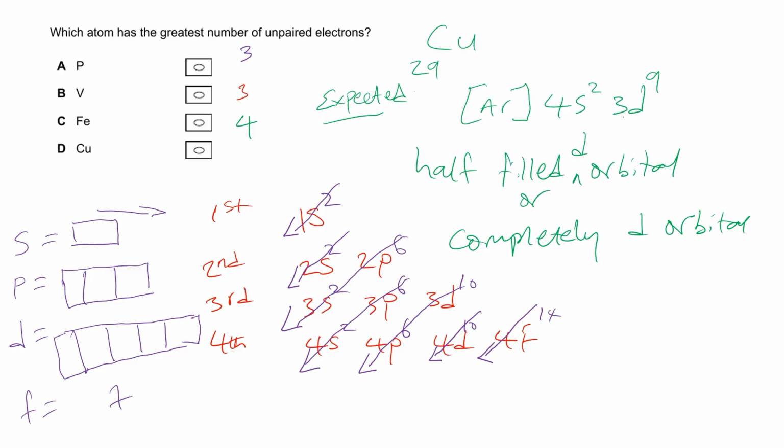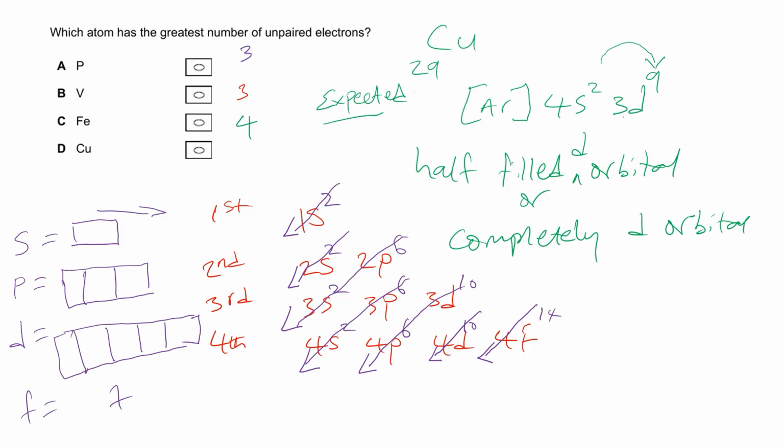Now here it has just 9 electrons, right? And it remains 1 electron for it to be completely filled. So what happens is this: 1 electron from the s orbital will move over to the d orbital, and that will make it 3d10.